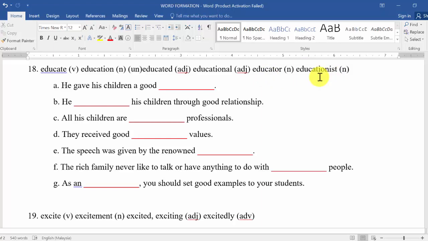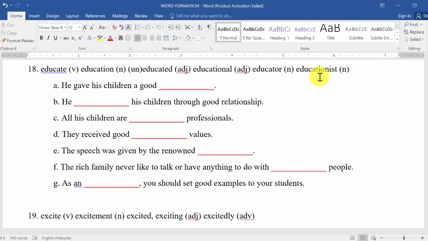Okay, next one, educationist. Educationist is very similar to educator. They are both a person, someone. Educationist here is someone who knows a lot about education. Educationists do not teach. The difference between them is that an educator is someone who teaches, but an educationist is someone who knows a lot about education but does not teach.